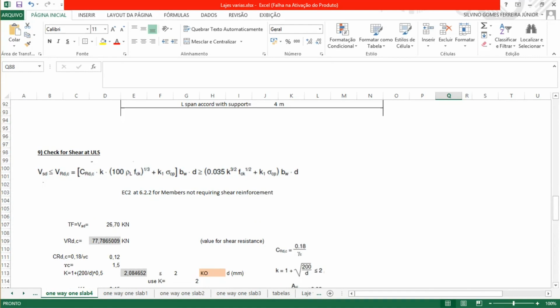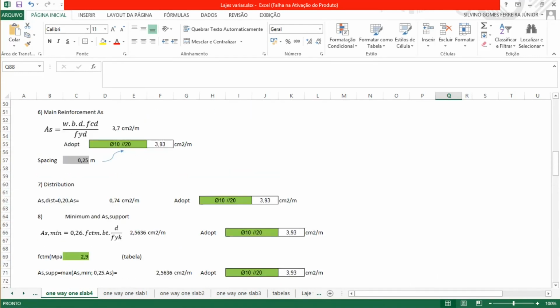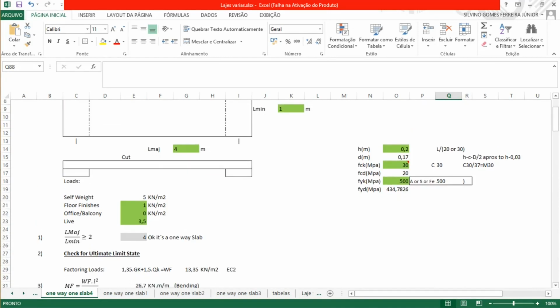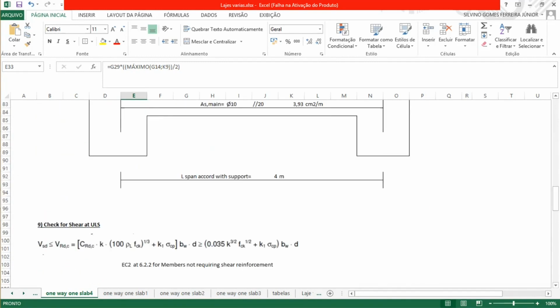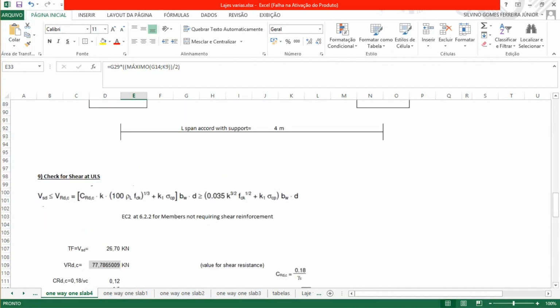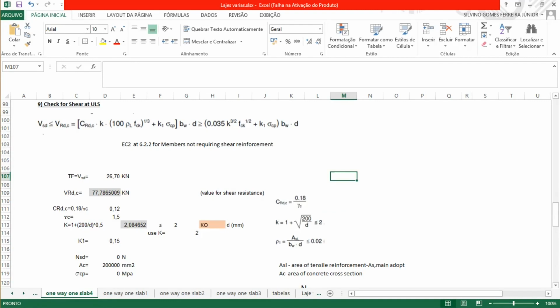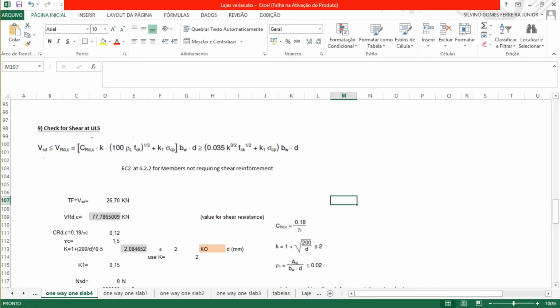We know this value that we calculated for shear, that was 26, and this value has to be smaller or equal to the shear resistance, and this shear resistance is equal to this equation, and has to be bigger or equal to this other one, according to the Eurocode.